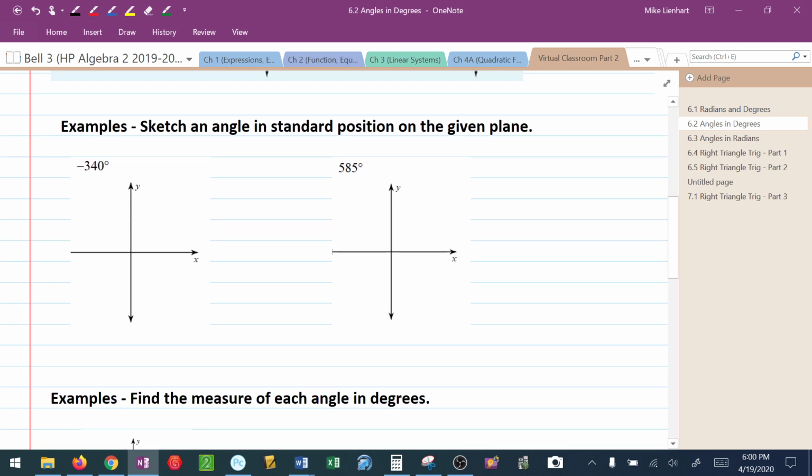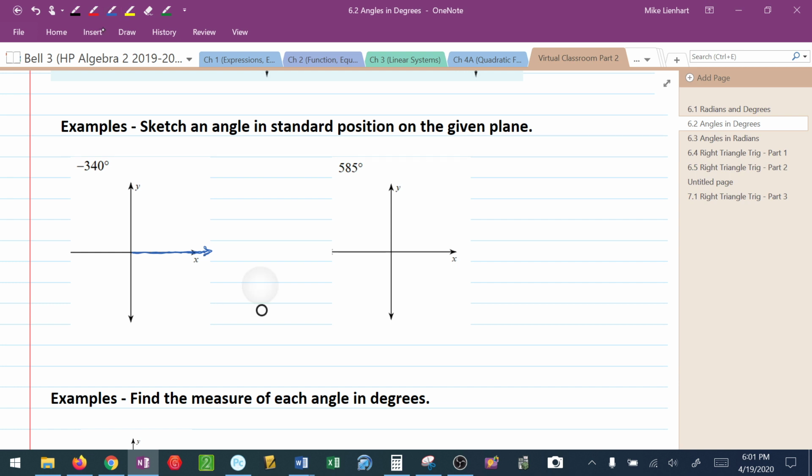First of all, they want me to graph negative 340 degrees. I know that my initial side is going to have to be the positive x-axis. So again, notice I'm graphing as an initial side the positive x-axis. Because this angle is negative, I know from that initial side, I'm going to move downward and clockwise.